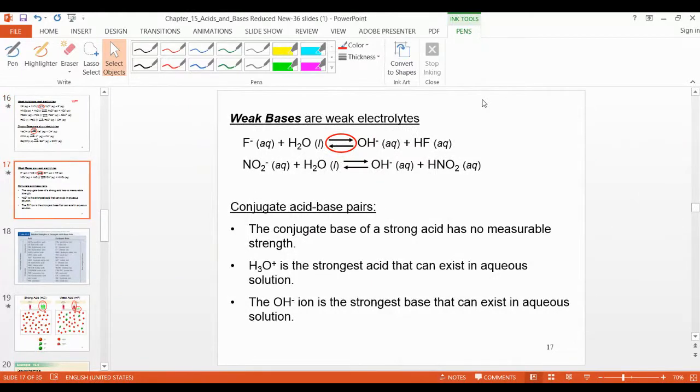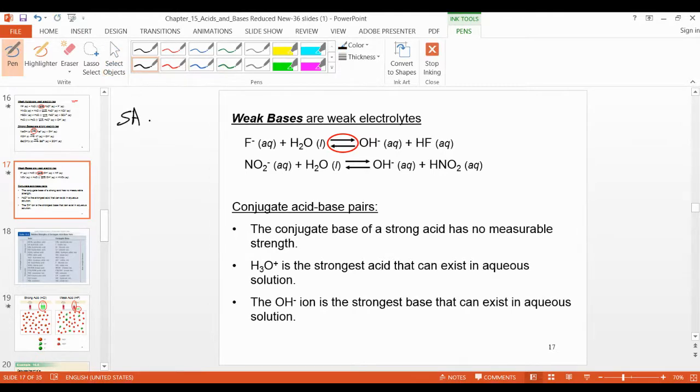Conjugate acid and base, I already explained to you, right? The conjugate base of a strong acid has no measurable strength, right? If you have a strong acid, then you will get a weak conjugate base.